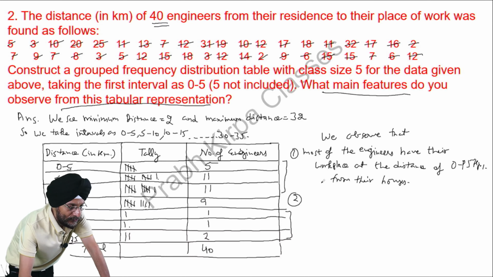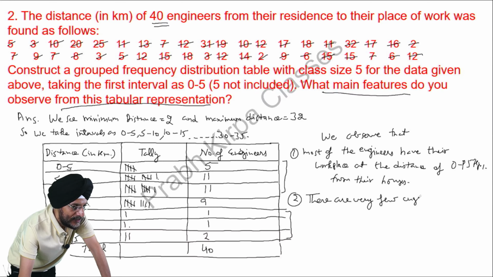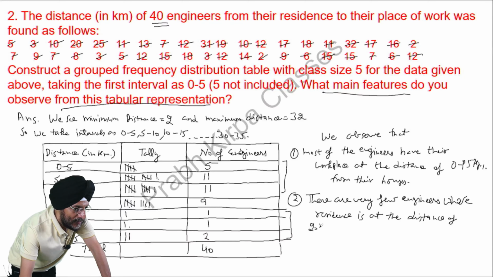So the second point we find is that there are very few engineers whose residence is at a distance of 20 kilometers or more from the workplace.